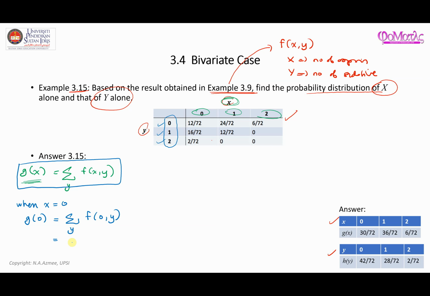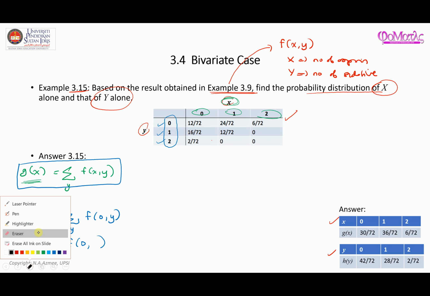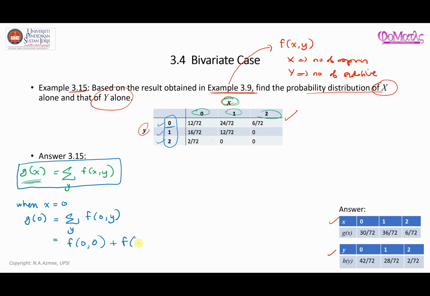So first of all, we're going to start with f(0,0), y equal to 0. That's the first one. We take the lowest value, that will be easier and more systematic. So now we can see that y is equal to 0, so we're going to consider that first, and then the next y that we have to consider is this one, y equal to 1.